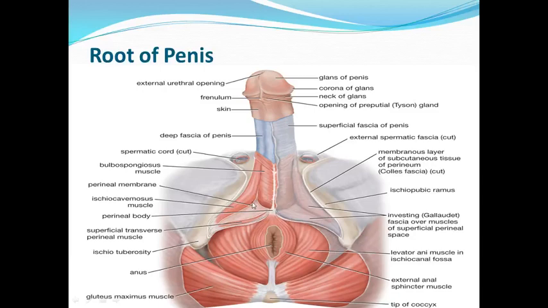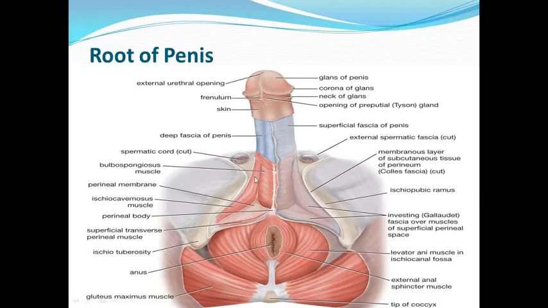Now talking about the crura. Each crura, the left and the right, is covered by a muscle named ischiocavernosus. This muscle covers the two cruras and is firmly attached to the margin of the pubic arch.